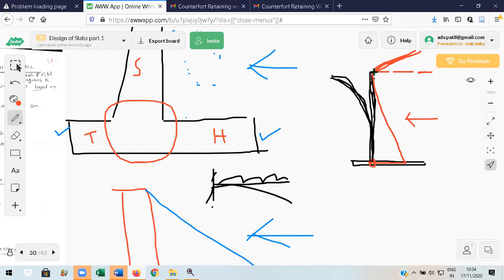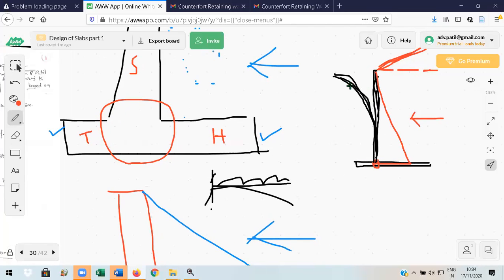For that reason, even though theoretically it is 0, I have to provide some thickness at the top. Bottom thickness is related to bending moment considerations. Since bending moment is very high at the base, thickness is relatively high. This is how the stem behaves in a cantilever retaining wall.